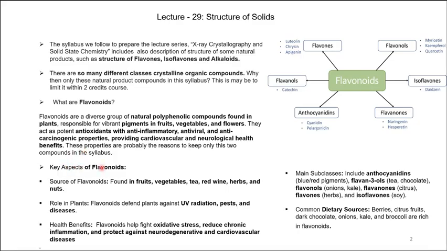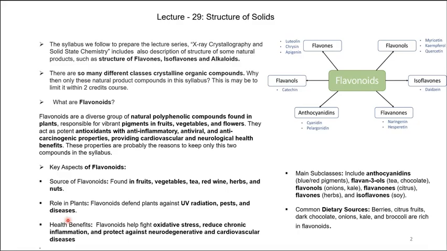Key aspects of flavonoids: where do we get flavonoids? They are found in fruits, vegetables, tea, red wine, herbs, and nuts. Role in plants: flavonoids defend plants against UV radiation, pests, and diseases.